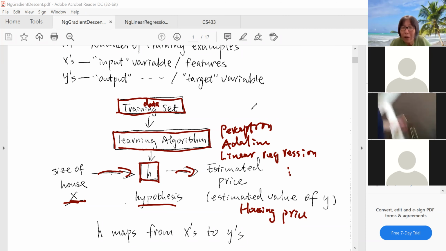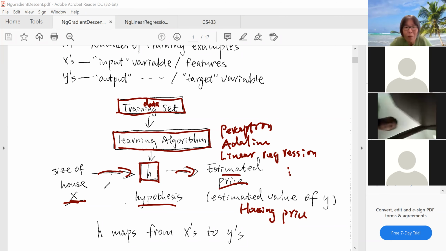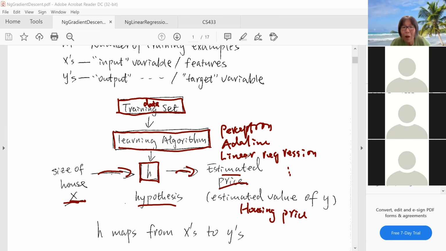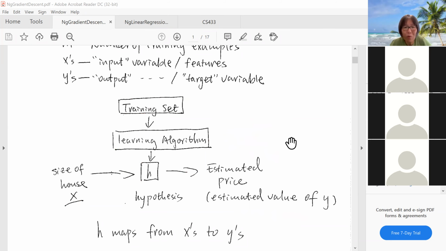We discuss linear regression, the estimated price based on the size. This is also a continuous value, the real value. So we use the single feature for our prediction to do the training.